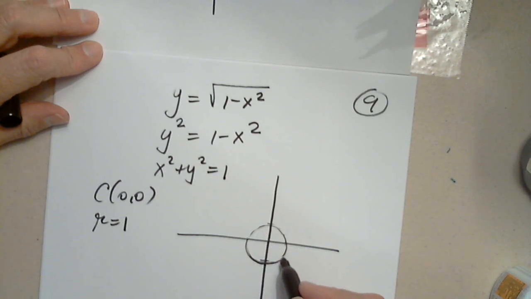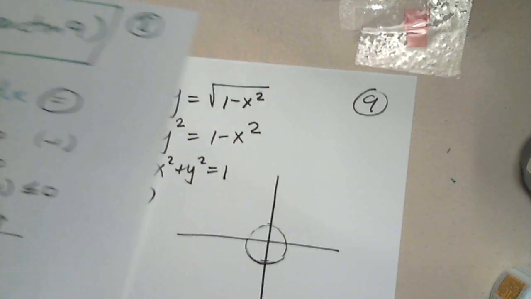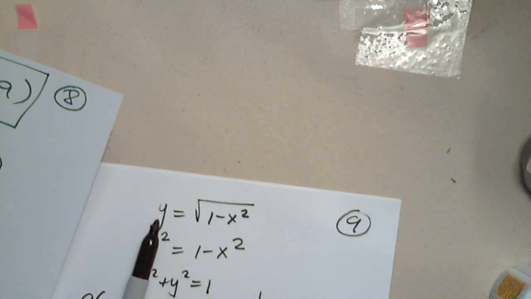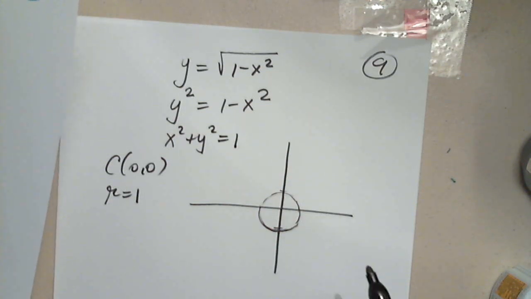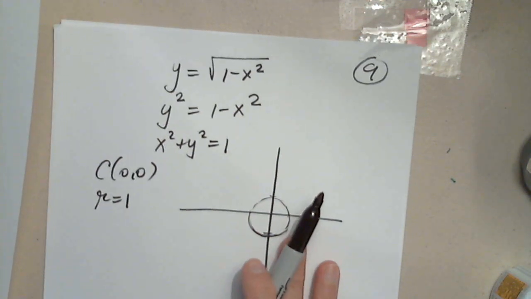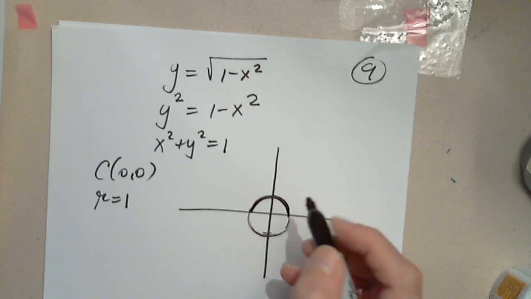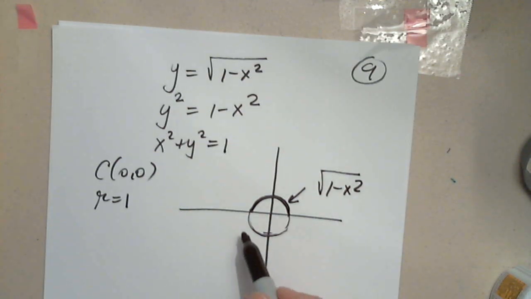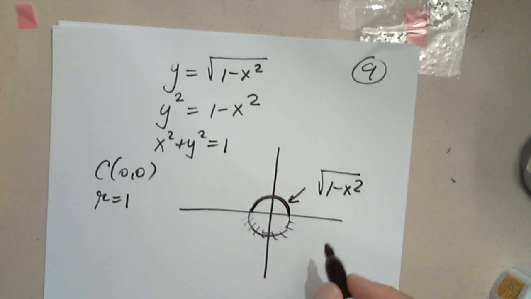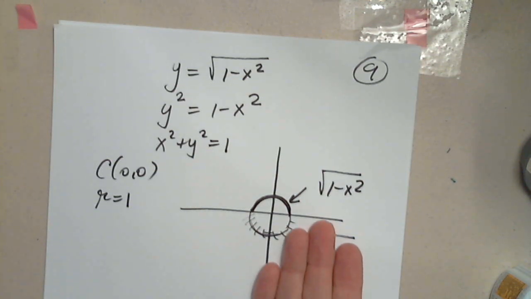But this is basically the square root of 1 minus x squared. So it's not the entire circle. So this piece is the square root of 1 minus x squared, but this piece is negative the square root of 1 minus x squared, which we don't even need.